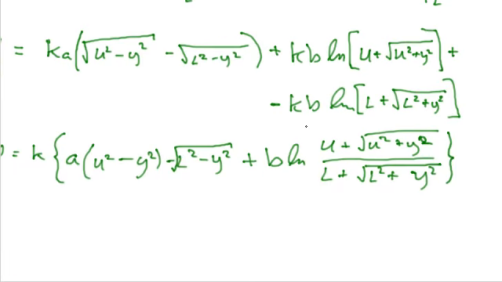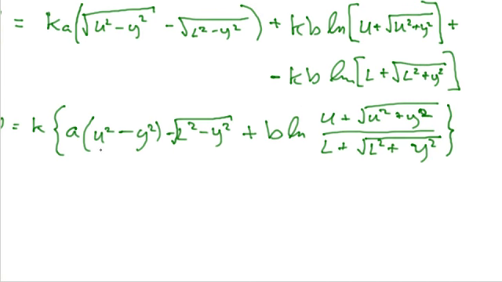I don't think any of these pieces are going to hurt anything. The only place we have something that could be an issue is trying to take the log of a negative number. But down here, L is a negative number.